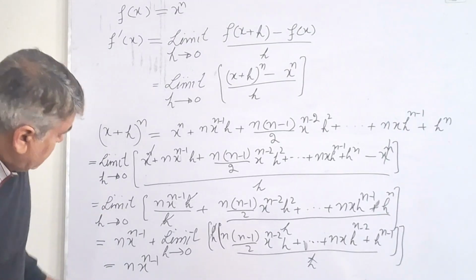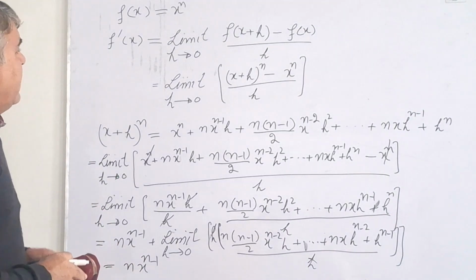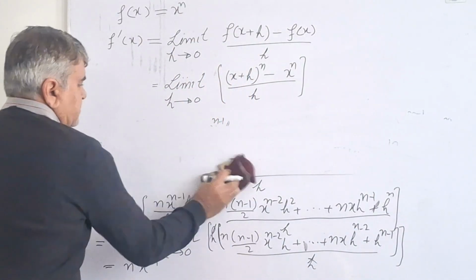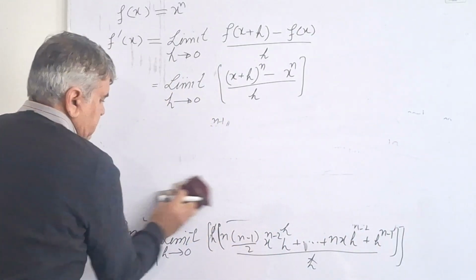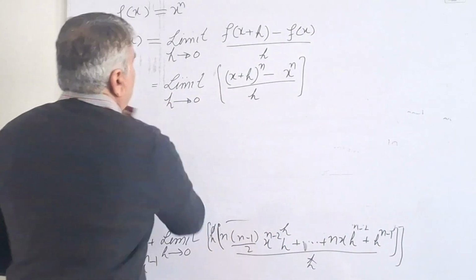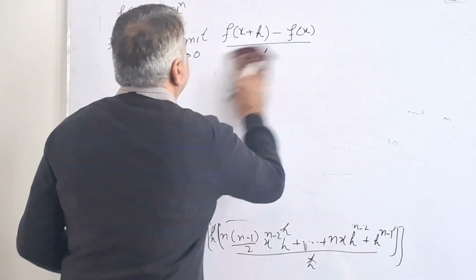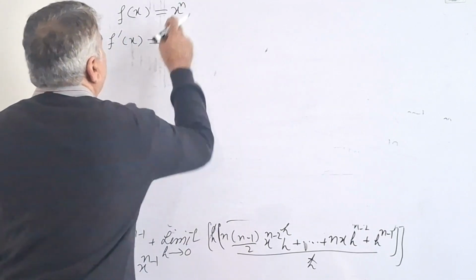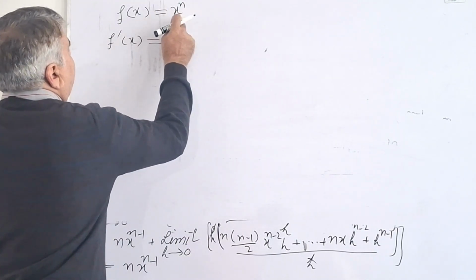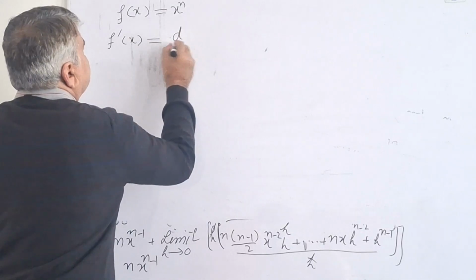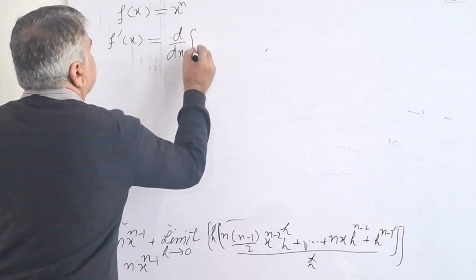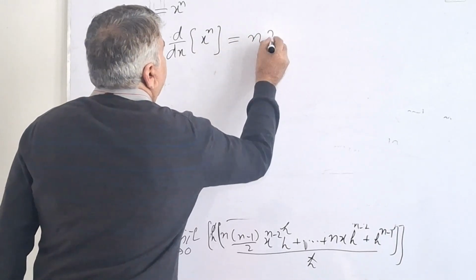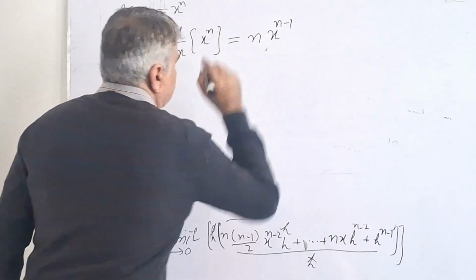This is a very important formula, and I want to rewrite this over here. That is, we learned that f prime, that is the derivative of x to the power n, which I write as d by dx of x to the power n, is in fact equal to n x to the power n minus 1.